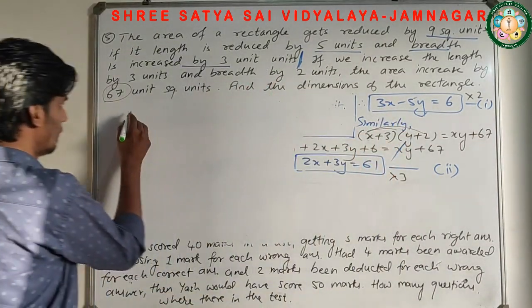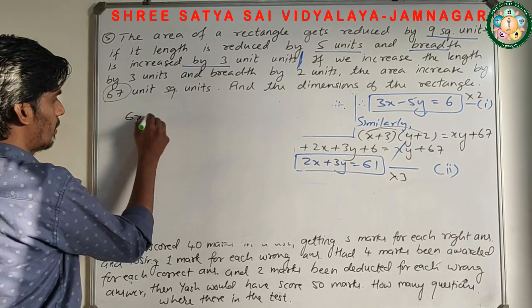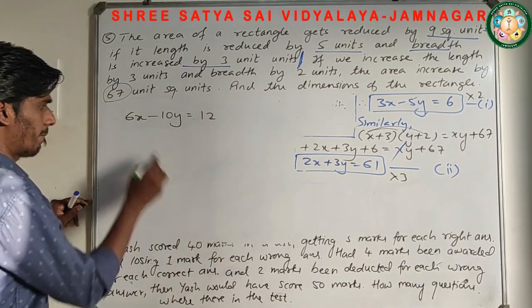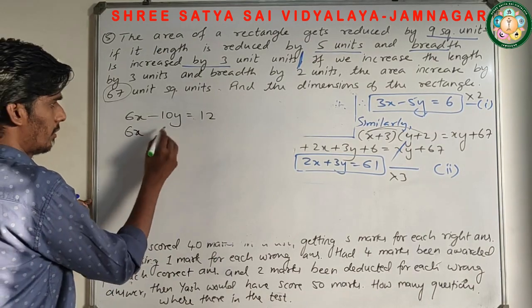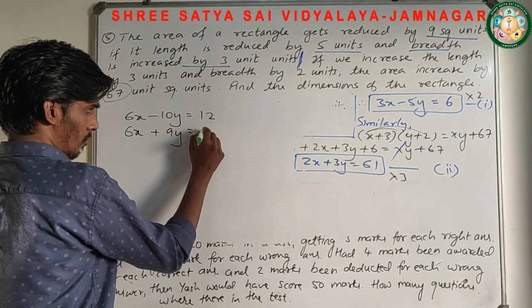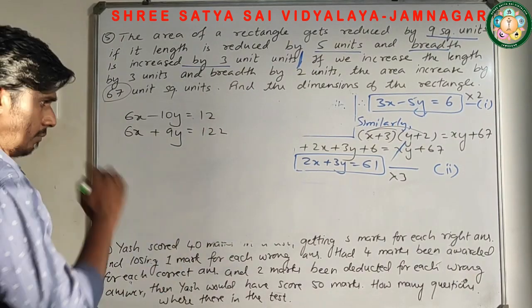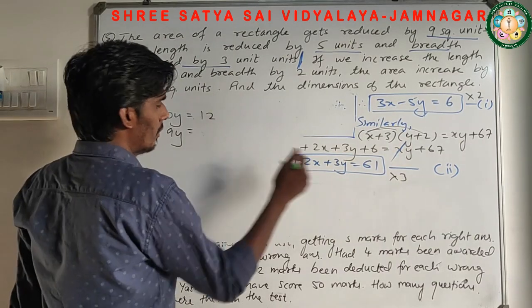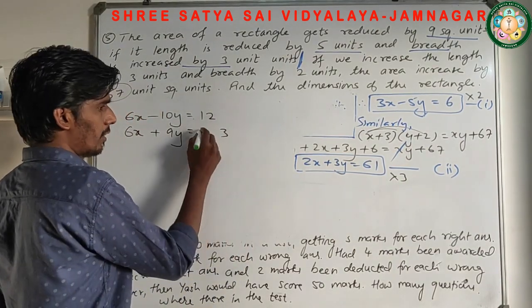So what will this become? 6x plus 10y equals 12, and this will be 6x plus 9y equals 183, since 61 times 3 is 183.